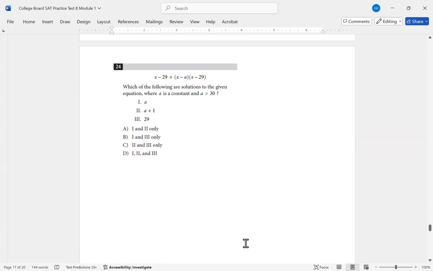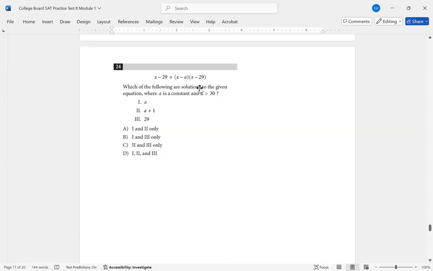Question 24. Which of the following are solutions to the given equation where a is a constant and a is greater than 30? And then it gives us some options. Now you might want to start by plugging in a, then a plus 1, and then 29.